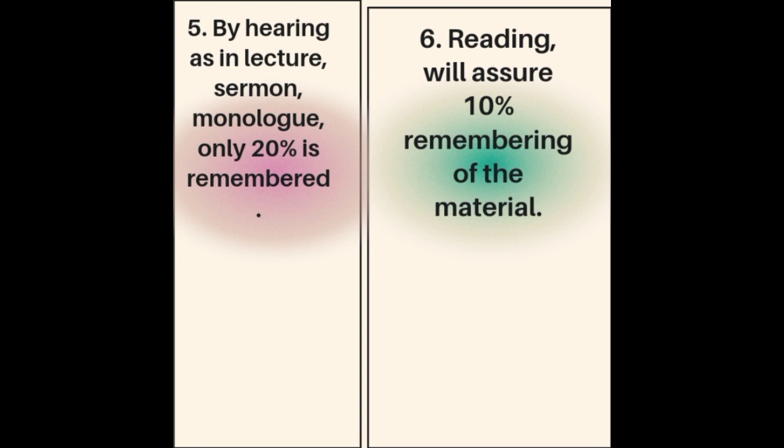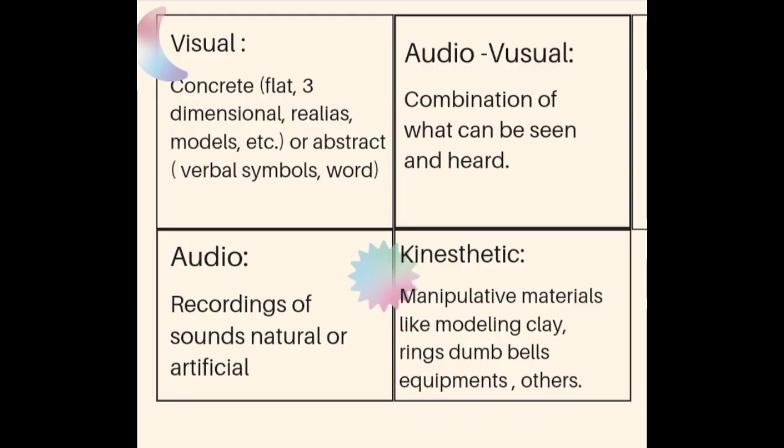Regardless of the amount of remembering from the concrete to abstract, each layer contributes to learning and requires instructional support materials. Visual: concrete, flat, three-dimensional reals, models, etc., or abstract verbal symbols, words. Audio: recordings of sound, natural or artificial.